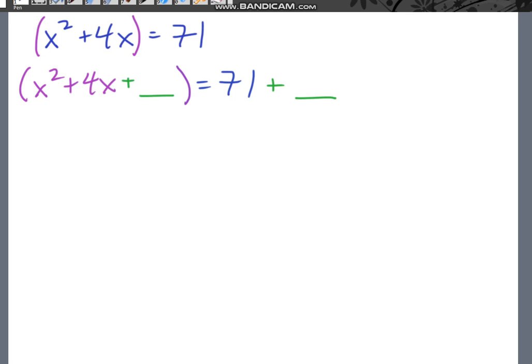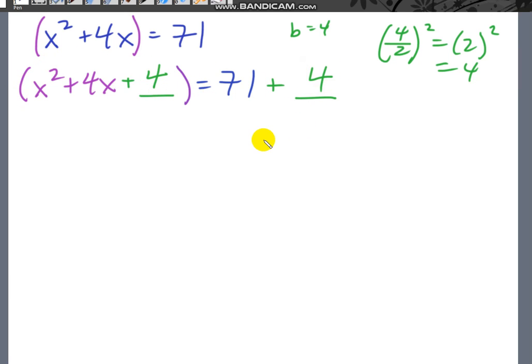We want to fill in the blanks. We take our b term, b is 4, and calculate b divided by 2 squared. 4 divided by 2 is 2. 2 squared is 4. 4 goes here, and we don't have any constants to multiply in, so we're going to have a 4 on the other side.